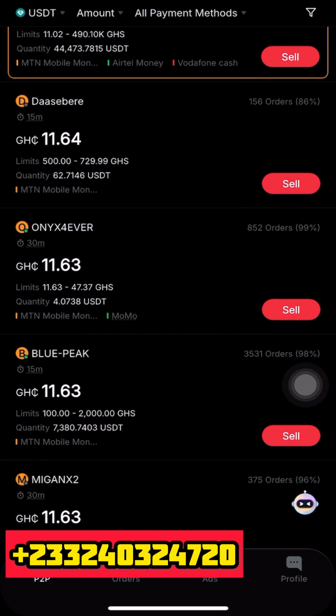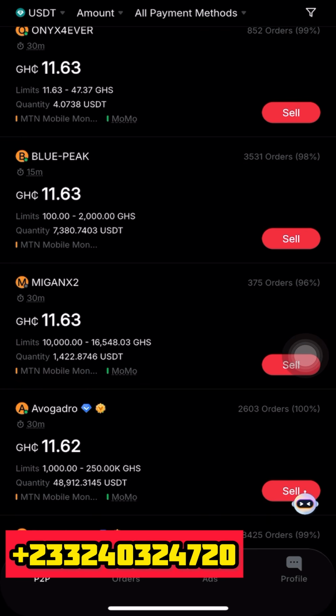If I come to the sell, you can see this person is selling a quantity of 4,000 USDT, and the limit is from 11 Ghana cedis to 47 Ghana cedis. That means you can only trade with this person within that range, but if we want more, let me go to this person.